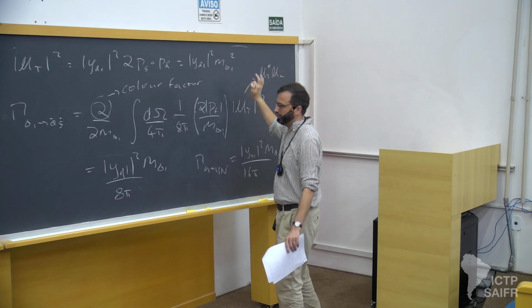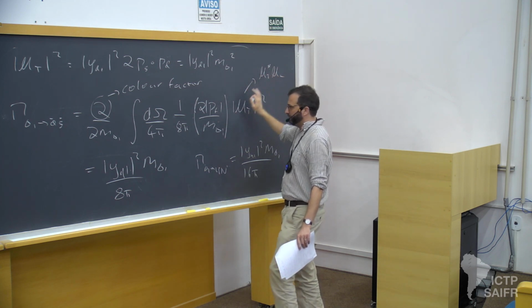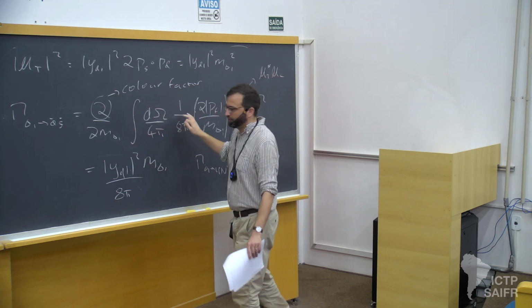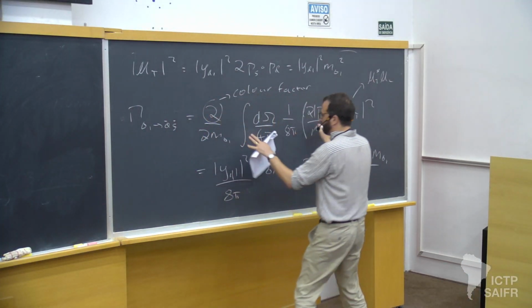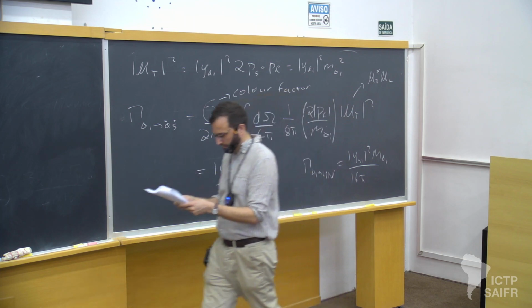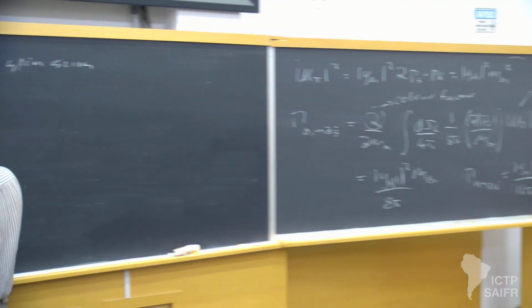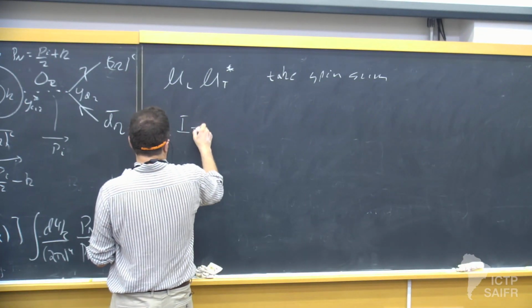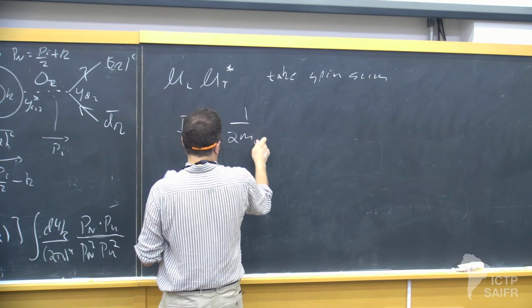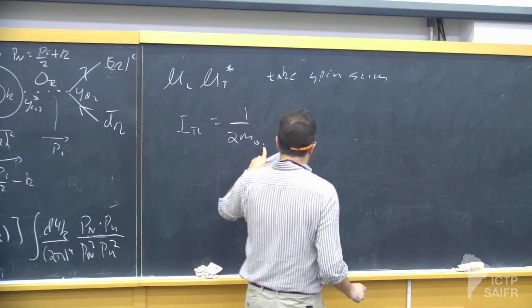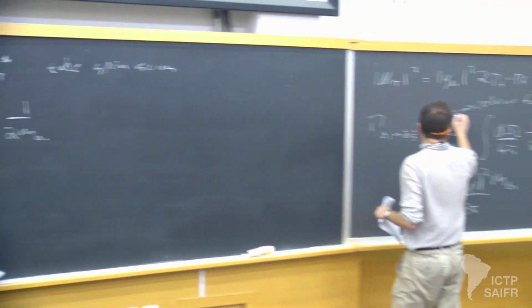The contribution to the decay rate: we have this integral over the final state momenta, so I'm going to drop this. What I'll write is I_L equals 1 on 2 M_Delta1. We're going to put in the color factor in the end.